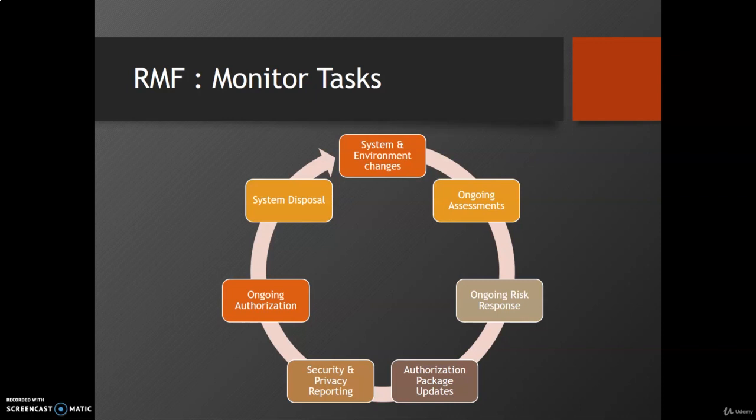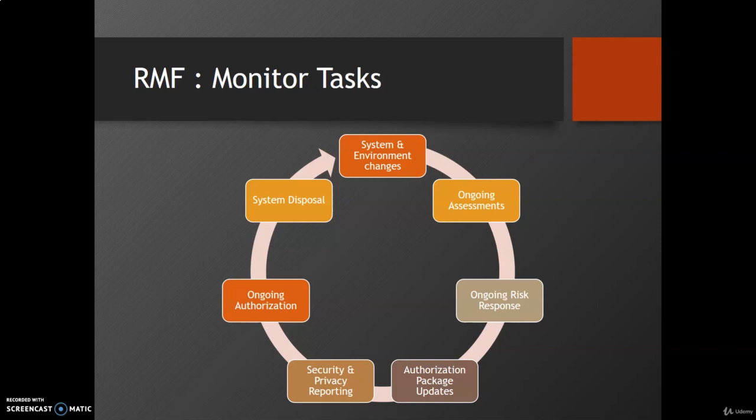The next task is ongoing assessment. Assess the controls implemented within and inherited by the system in accordance with the continuous monitoring strategy. After the initial system or common control authorization, the organization assesses all the controls on an ongoing basis. Ongoing assessment of control effectiveness is part of the continuous monitoring activity of the organization. The monitoring frequency for each control is based on the organization's continuous monitoring strategy and can be supplemented by the system-level continuous monitoring strategy.